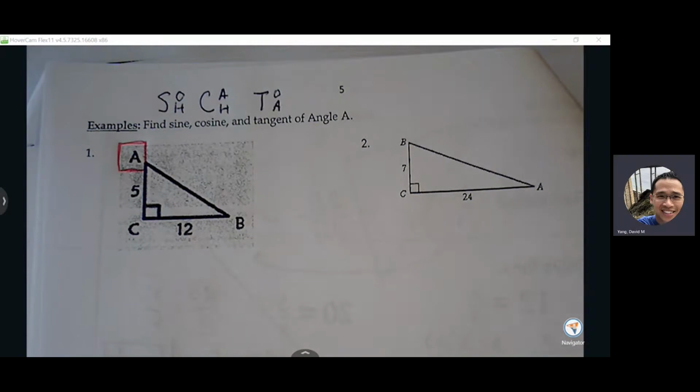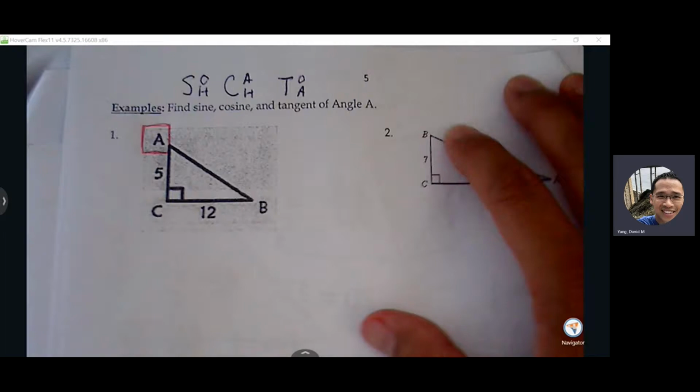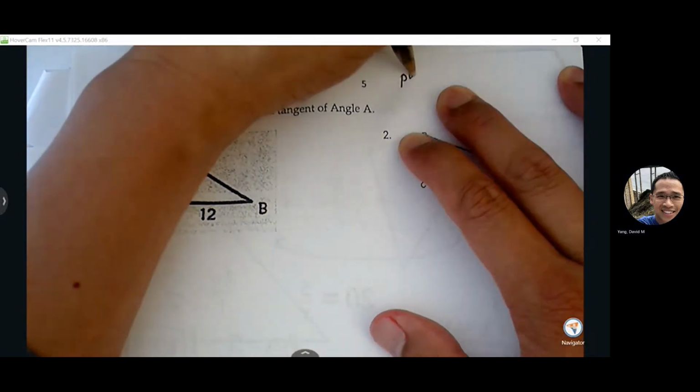Now we have the two sides defined, but we don't have the hypotenuse. What's a way for us to find that missing hypotenuse value? Yeah, Pythagorean theorem, right? Anytime we have a right triangle, we can use the Pythagorean theorem to find missing sides.